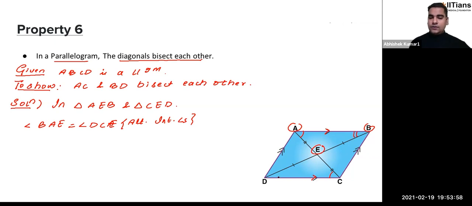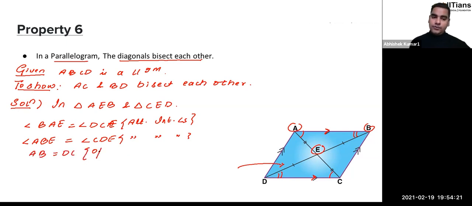Similarly, these two angles will be equal to one another. Okay. So you will have angle ABE, that will be the same as angle CDE, for the very same reason, alternate interior angles, as the lines are parallel, and here this line is going to act as transversal. Apart from this, you have AB is equal to DC. Okay. Why?